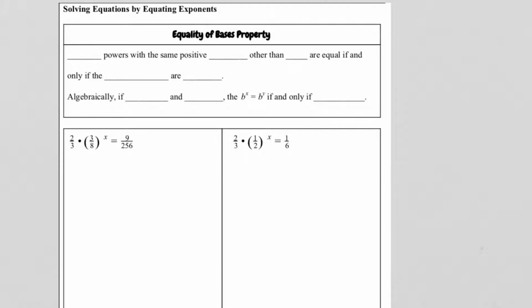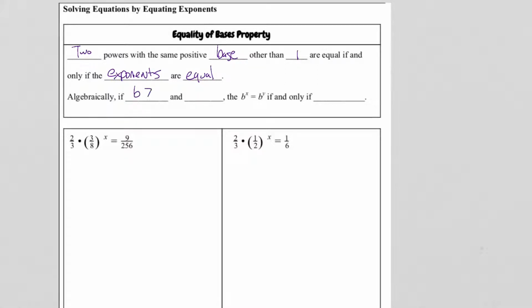So you'll recall that two powers with the same positive base other than 1 are equal if and only if the exponents are equal.